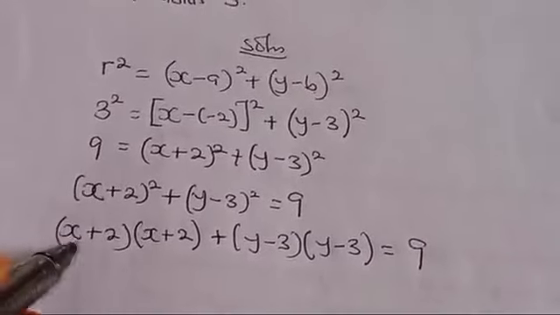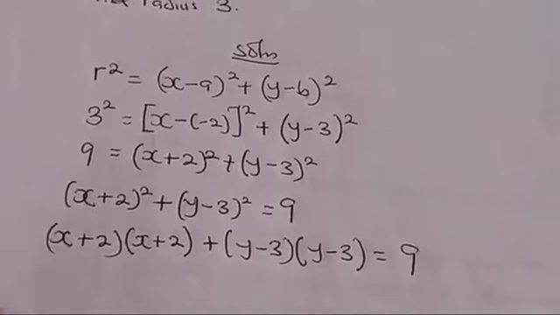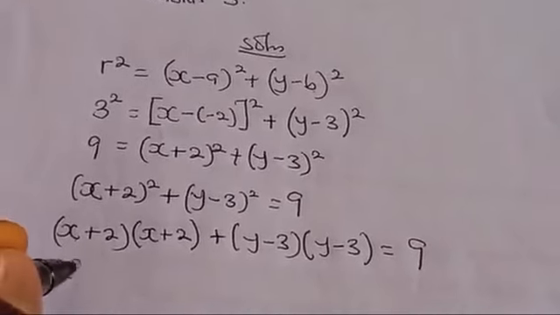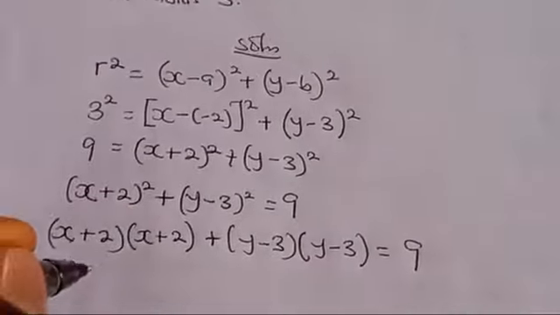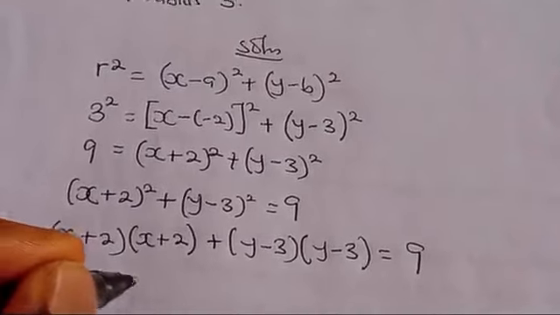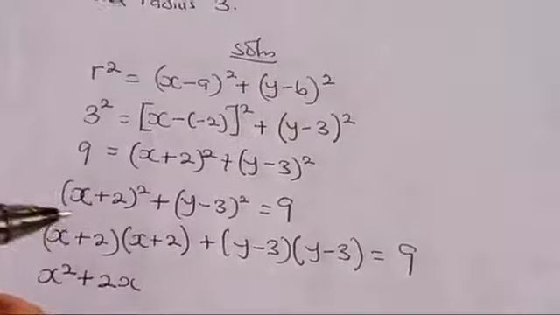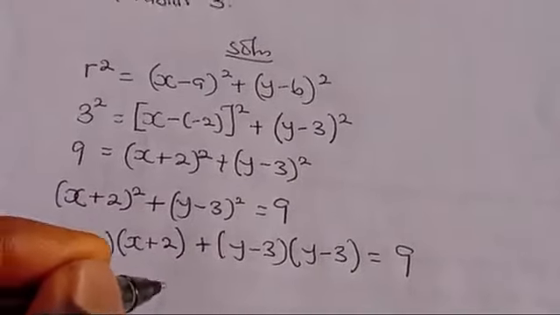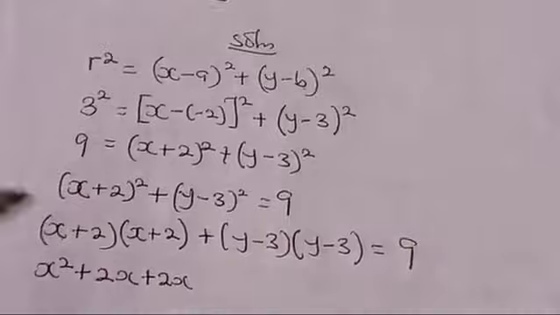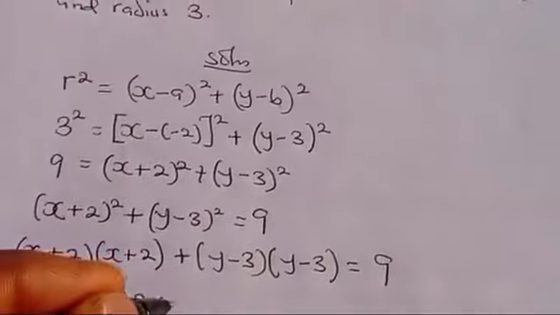So opening this up, x times x, we have x squared. x times 2, we have 2x. 2 times x, we have 2x. 2 times 2, we have 4.